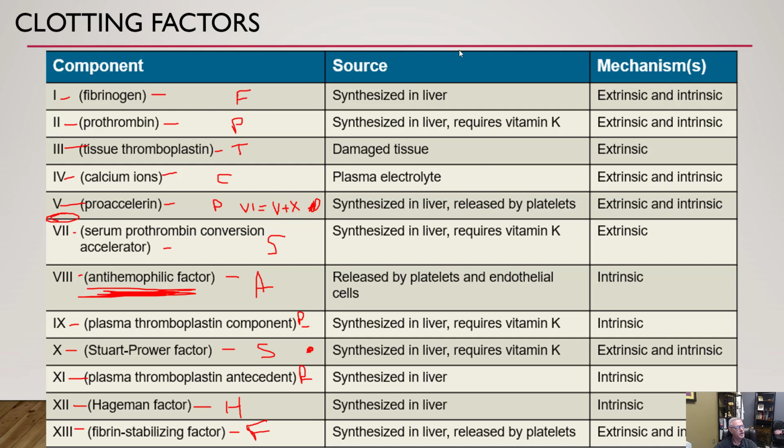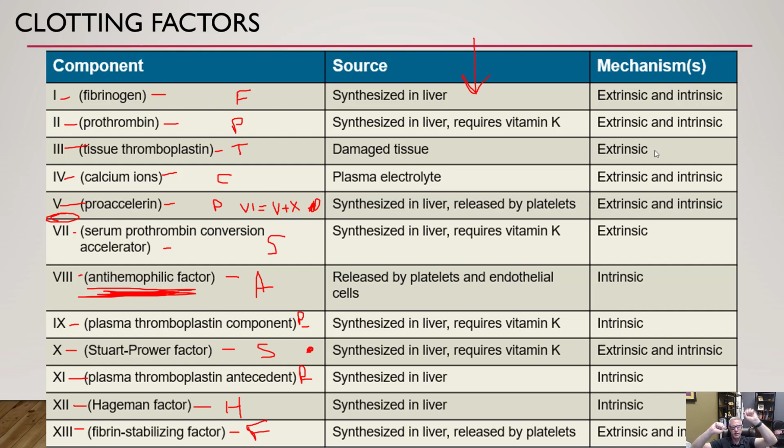All right, so you can see the sources here. And I mentioned that we have an extrinsic pathway, an intrinsic pathway, and then a common final pathway. Most textbooks will separate out the extrinsic, the intrinsic, and the common, but this textbook will kind of lump.